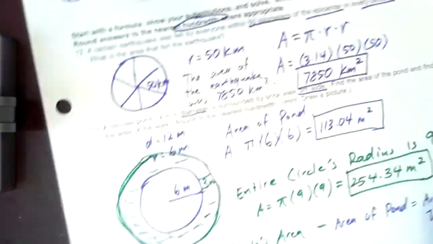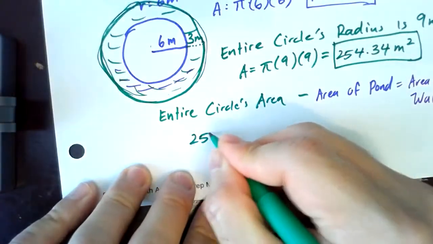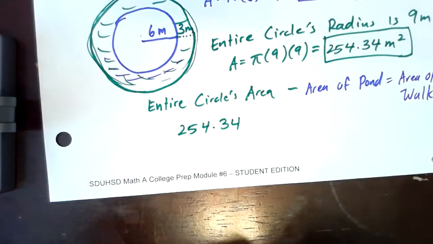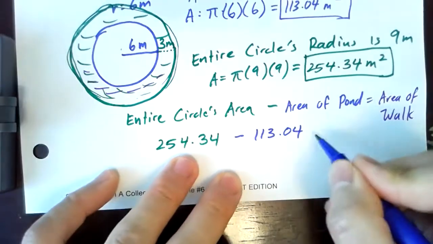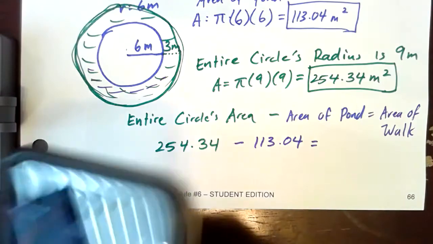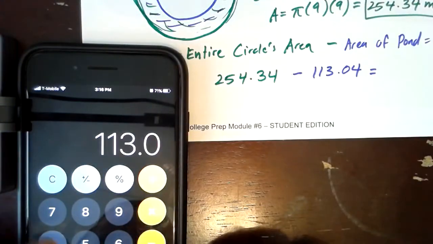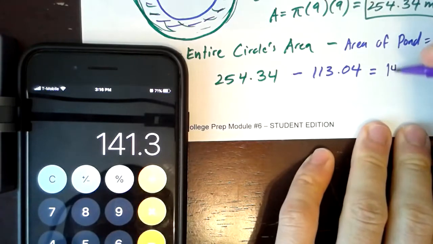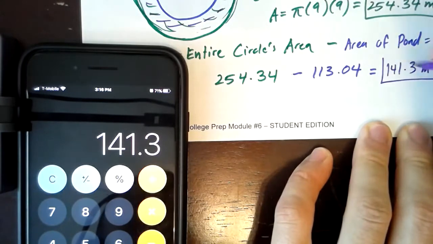So we know that the entire circle's area is 254.34. All I have to do now is subtract the 113.04, which is going to give me the area of the walkway. And then I get a final answer of 141.3, and this is meters squared.